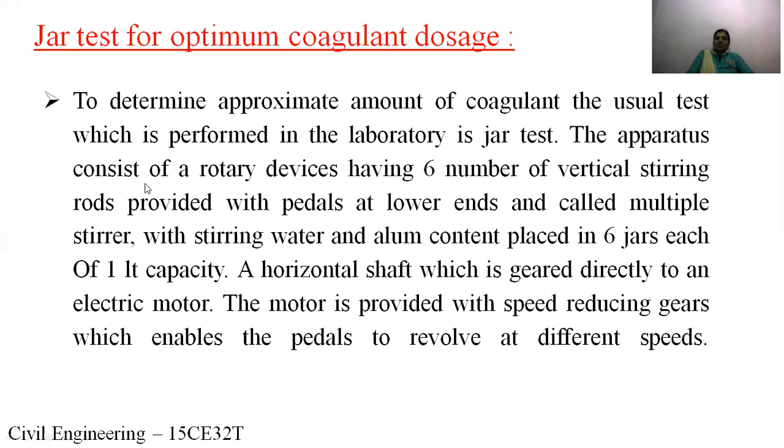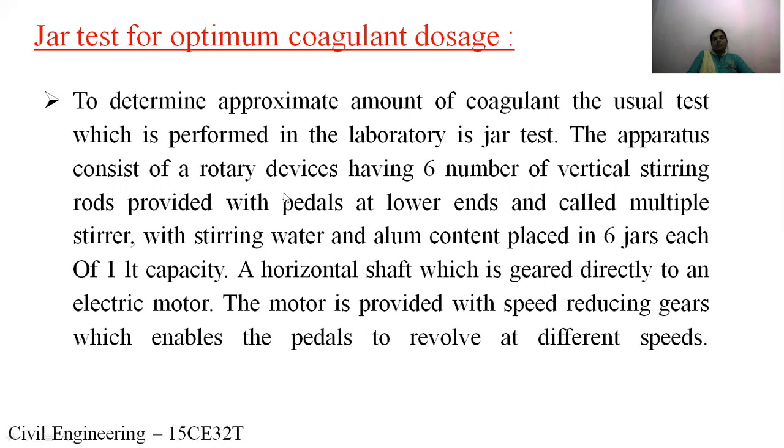The apparatus consists of a rotary device having 6 vertical stirring rods provided with paddles at the lower ends, called a multiple stirrer. With stirring, water and alum content are placed in 6 jars, each of 1 liter capacity.